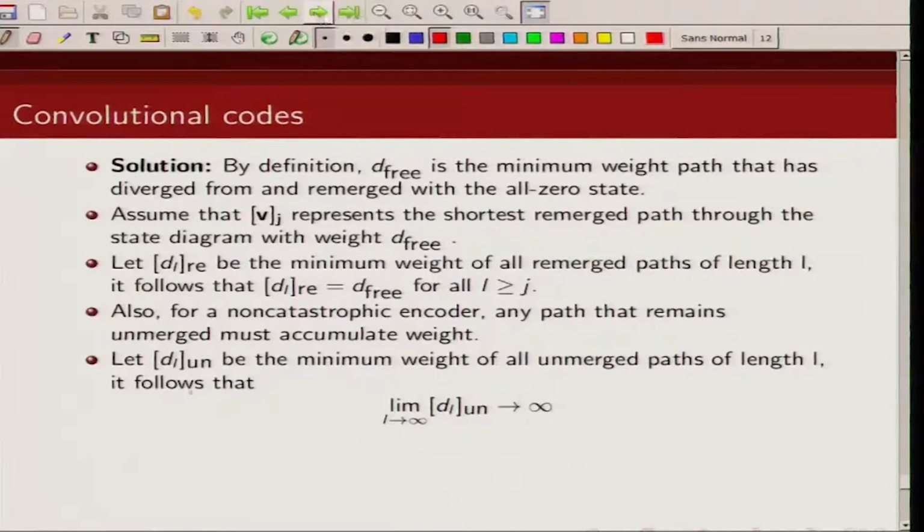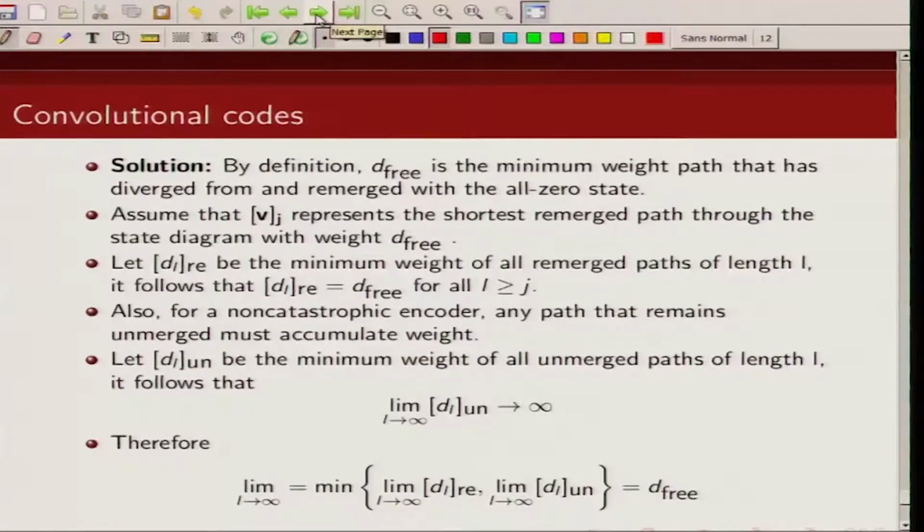So, if we look at the column distance for an unmerged path, then as L tends to infinity, this distance will also go to infinity, because it is a non-catastrophic encoder. So, what we have shown is, for L greater than j, for all re-merged paths, this column distance function is d free, and for unmerged paths, this is going to be infinity as L goes to infinity.